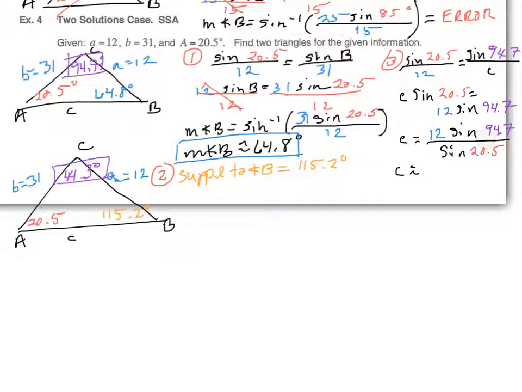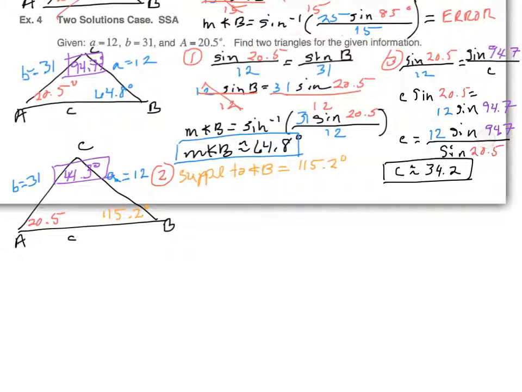So 12 times the sine of 94.7. If you hit equals, you get 11.96 divided by the sine of 20.5 gives you 34.2. Is that what you said? Yep. So that's the last piece to the first triangle. You good with that?